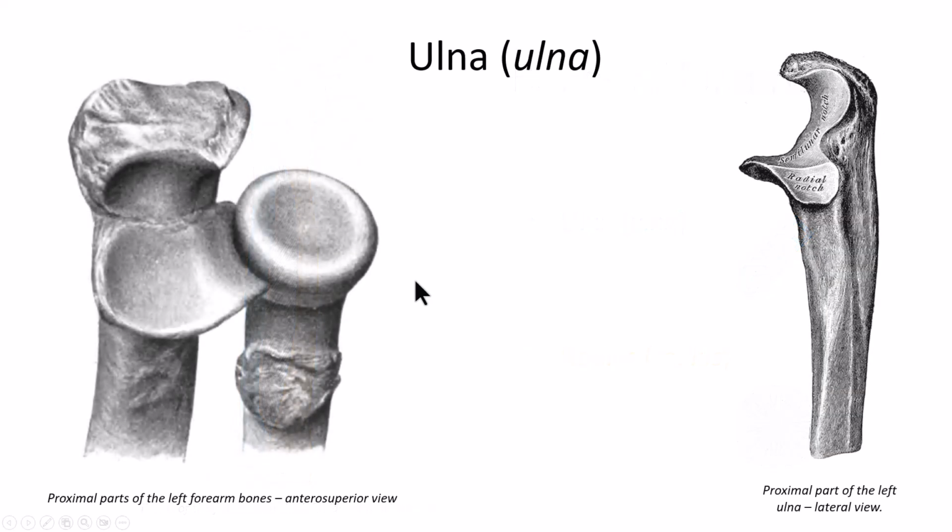Let us now move on to the proximal end of the ulnar bone, ulna. On the left side we can see both forearm bones from an anterosuperior view, and on the right, the left ulnar bone alone, shown in the lateral view. The characteristic structure here is the olecranon, marked in blue.